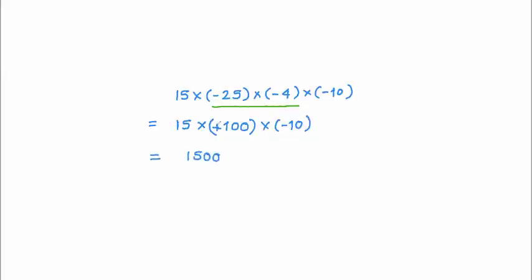Both signs positive, no negative sign, so the answer is positive, multiplied by minus 10. Here again, multiplication of weights, 1500 into 10 gives us 15,000. One negative number, which is an odd number of negative numbers, gives a minus sign. So minus 15,000 is our answer.